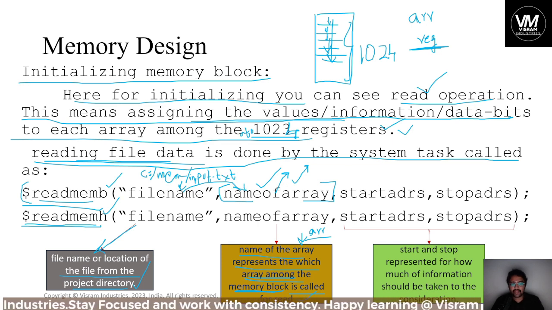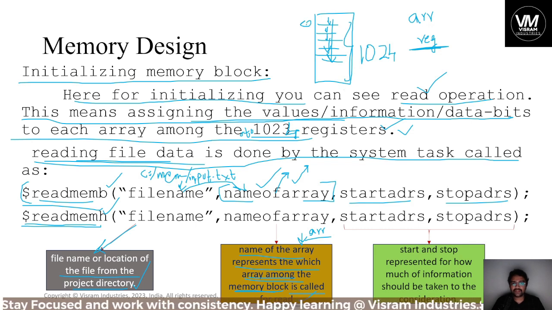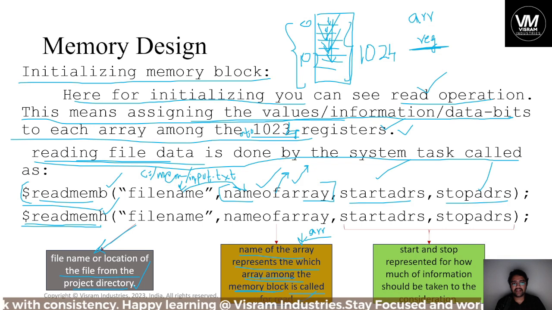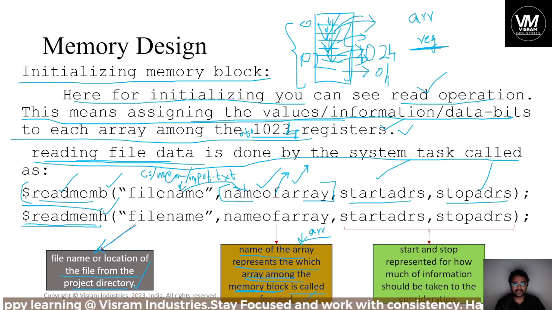And you have to mention the start address and stop address because you have 0 to 1024, right? If you don't mention the start address and stop address, all these 1024 locations are accessed and all this data is printed. That is the meaning of read. So it is read to the output.